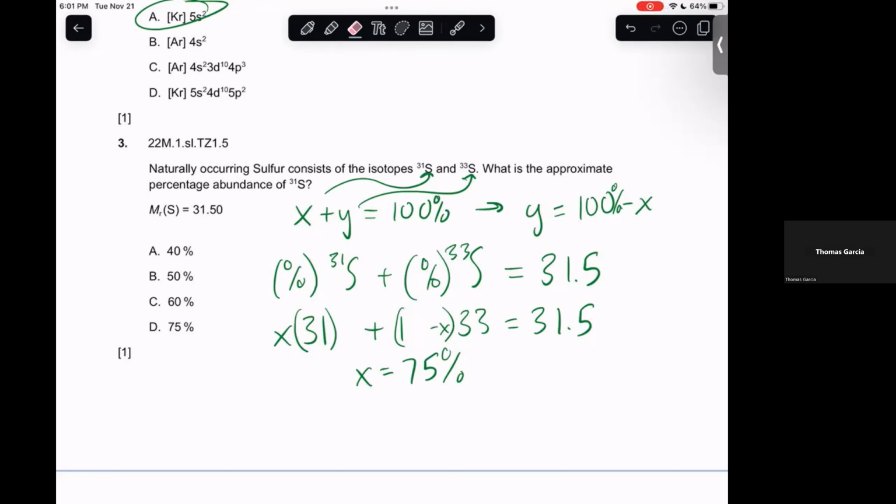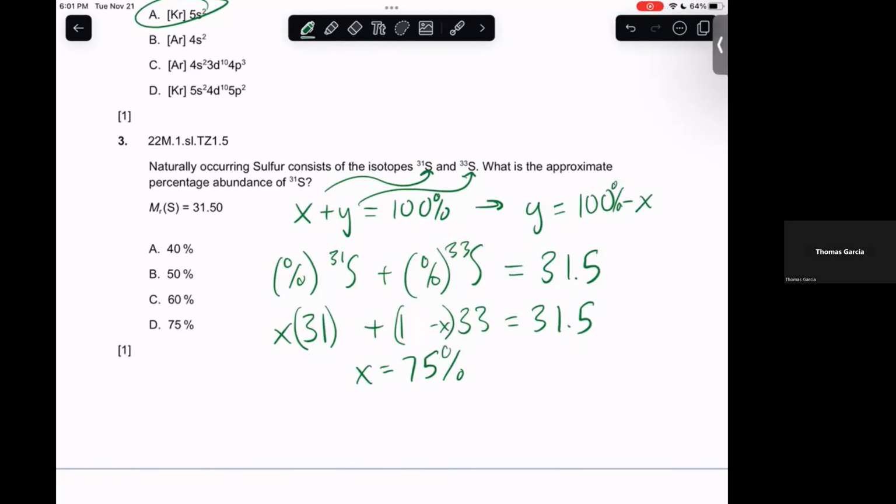There's a much easier way to do this problem, which really is just, if you have a mass of 31 and you have a mass of 33, and we look at it on a number line, right in the middle, we have mass 32. Right here, we have 31.5.